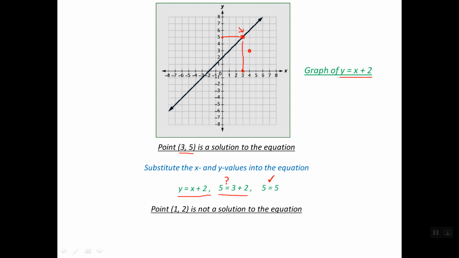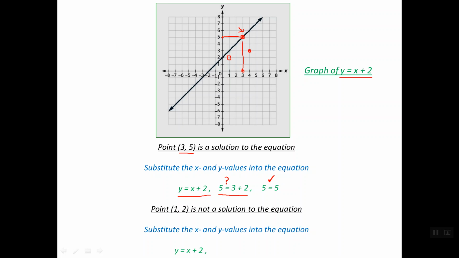Let's check the point with coordinates 1 and 2. If you plot it on the plane, you will see that this point represents 1 and 2. It is not on the straight line, so it is not a solution. We can also check this by substituting in the equation.